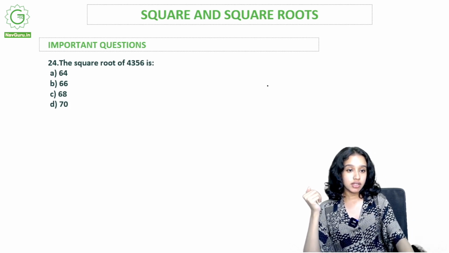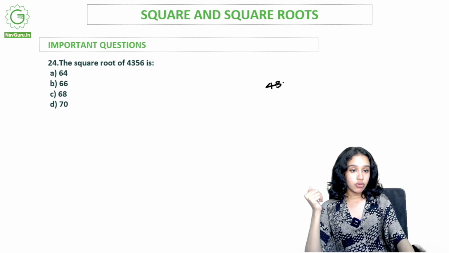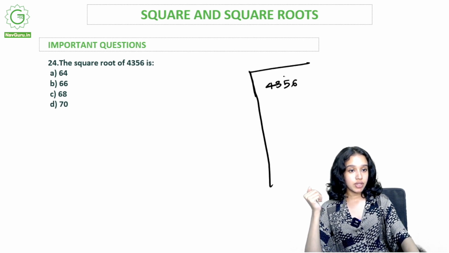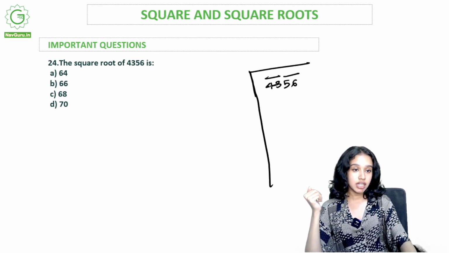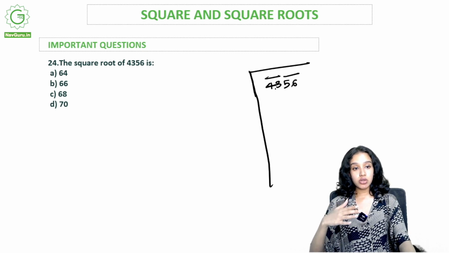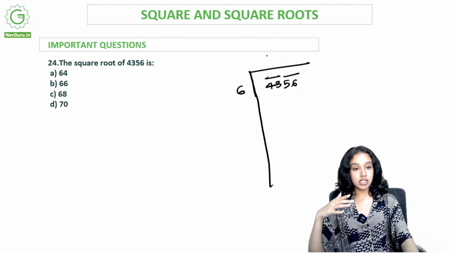Again, we are doing the long division method here. 4356, long division. Okay, 56 is a pair, 43 is another pair. The square which is very close to 43 is 6 square, which is 36.